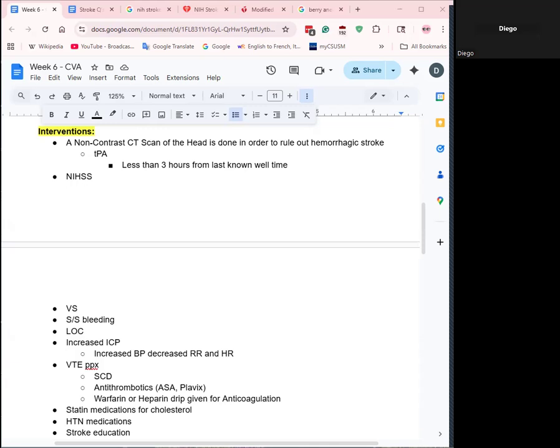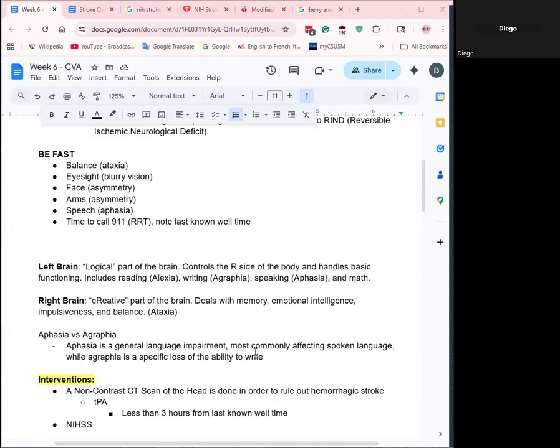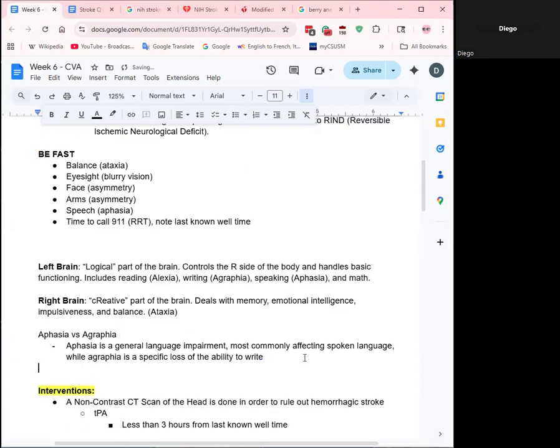When it comes to that, it needs to be specifically a non-contrast, because the non-contrast will allow the doctor to see the bleeding better. The contrast might get in the way and make it more difficult. And then, sorry, up here, I said aphasia.